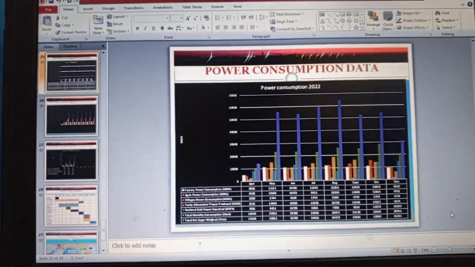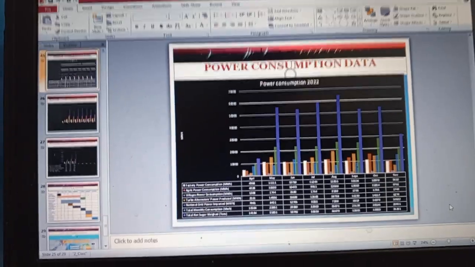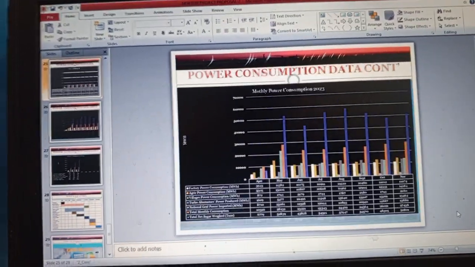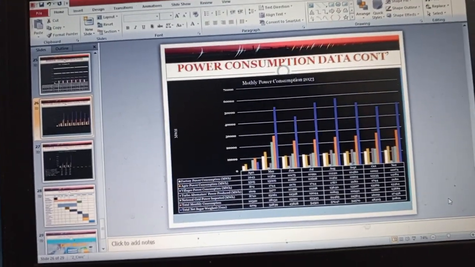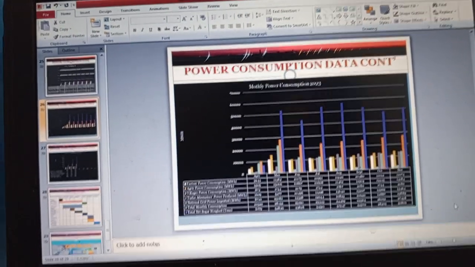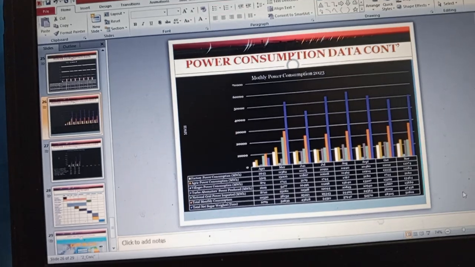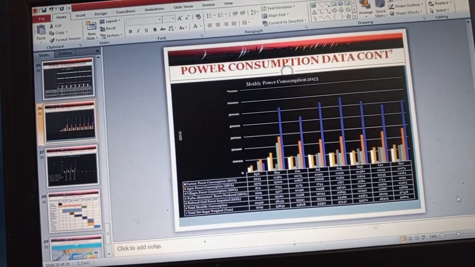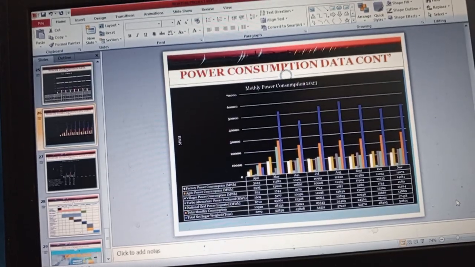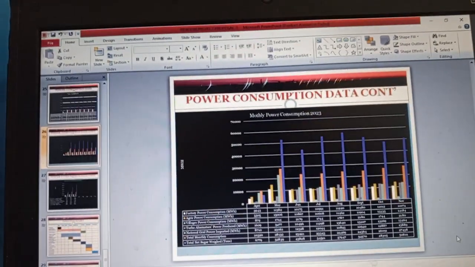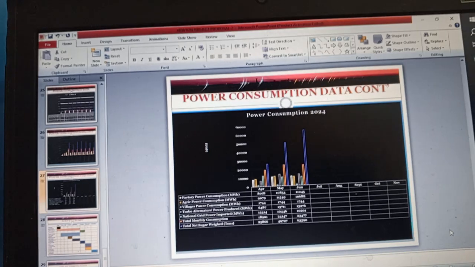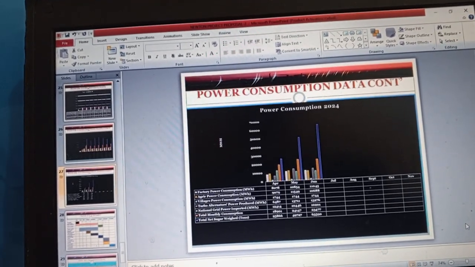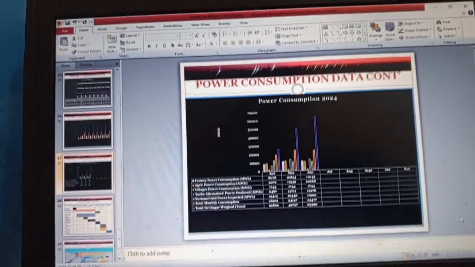Yeah, so this is still in progress. This was the data for 2022. Then this was power consumption data for 2023 as well, including the tonnage of sugar we were making on a monthly basis. Then this is the current one now, which I'm collecting this year.